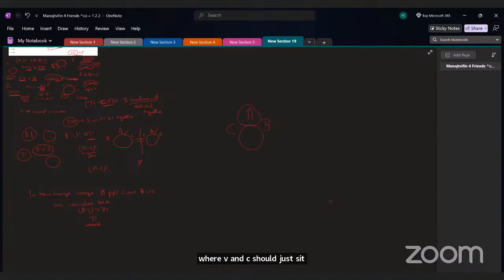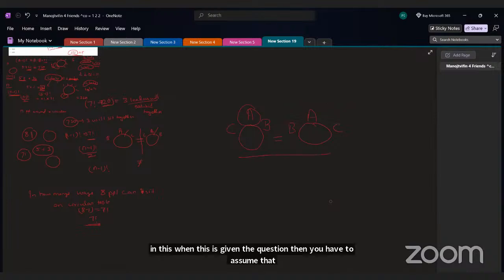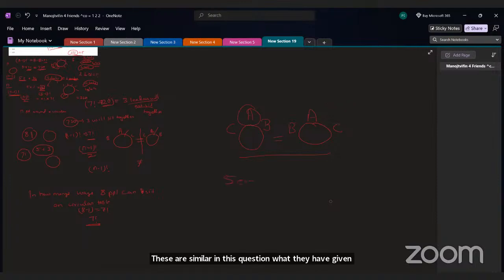Like here, B is next to A and C is next to A. In the similar permutation, even here, B is next to A and C is next to A. So when this is given in the question, then you have to assume that these are similar. In this question, what they have given? 5 employees and 3 leaders.